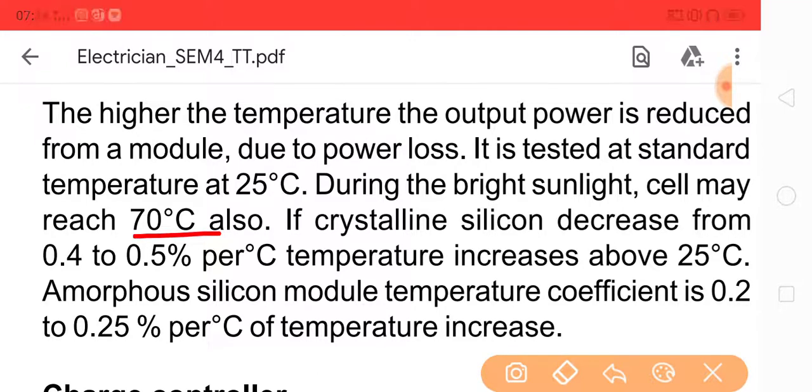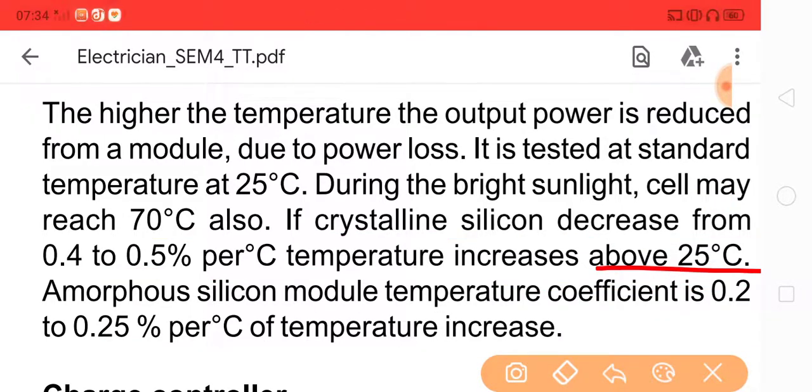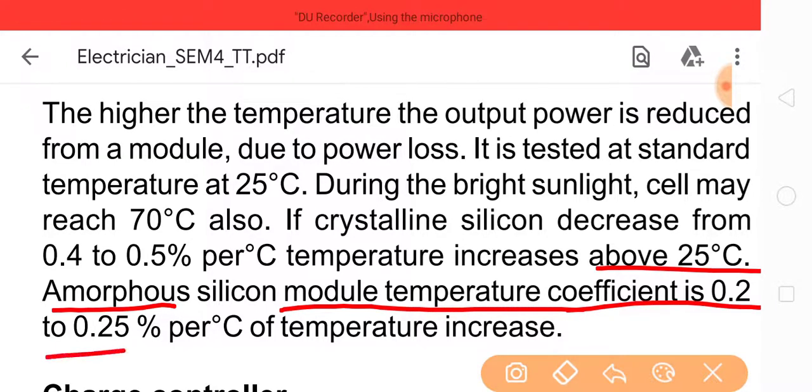For crystalline silicon, the loss increases by 0.4 to 0.5% per degree temperature increase above 25 degrees centigrade. An amorphous silicon module's temperature coefficient is 0.2 to 0.25% per degree of temperature increase.